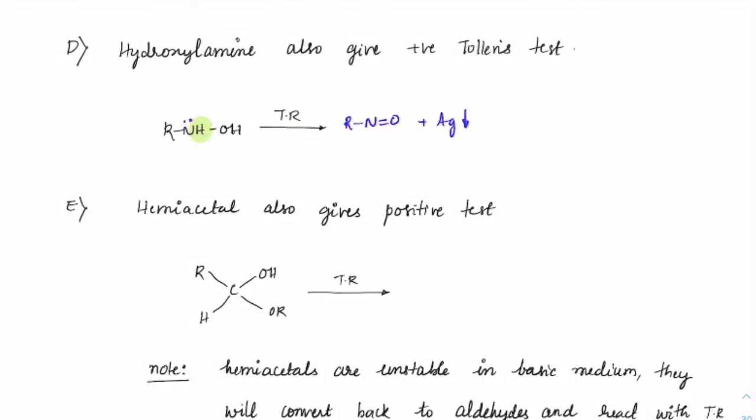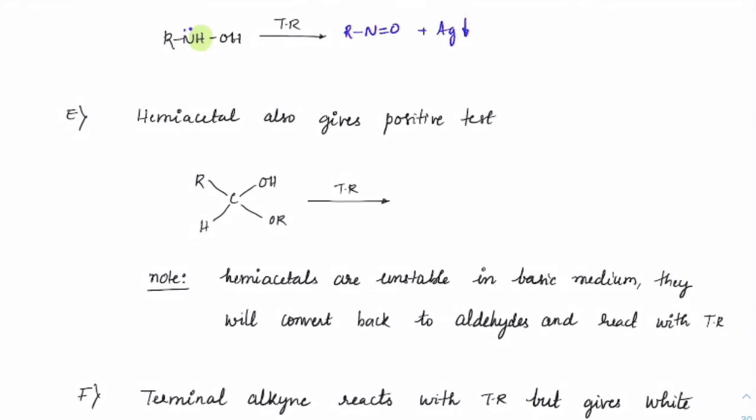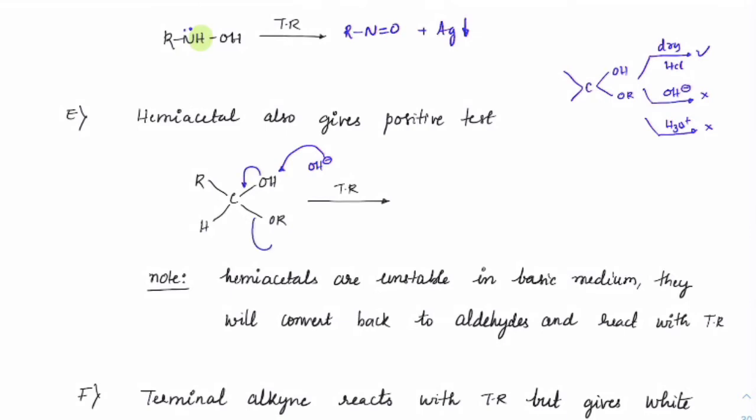Okay, next, hemiacetal. Just if you recall, hemiacetals were this form, we had OH and OR, and when you keep that in dry HCl, they were stable, but when you keep that in basic medium, they are unstable, and in acidic medium they are also highly unstable. Here the solution is basic, so hemiacetals cannot be stable here, so they will react with it. Basically it would happen something like this: OH minus will pull proton from here, the O minus which is formed will form a double bond here, and this RO minus will leave.